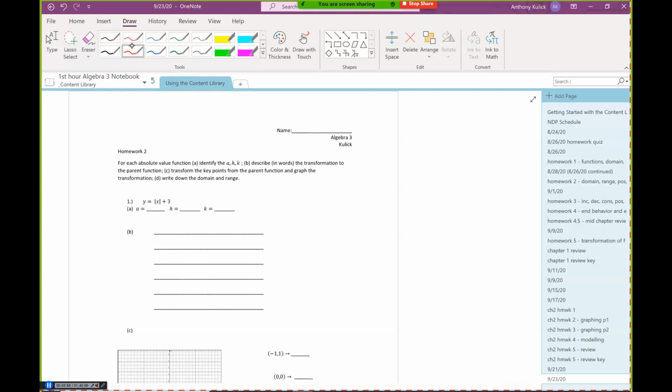So the first thing, it asks you to identify the values for A, H, and K. In order to do that, I'm going to use the general form for an absolute value function, which is this. And I'm going to use that then to identify where the A, H, and K are, just kind of visually by looking at my equation.